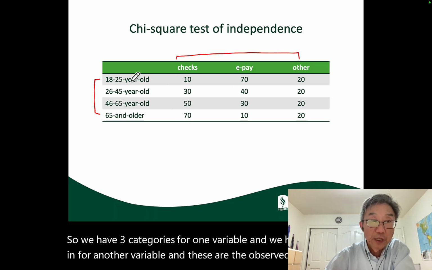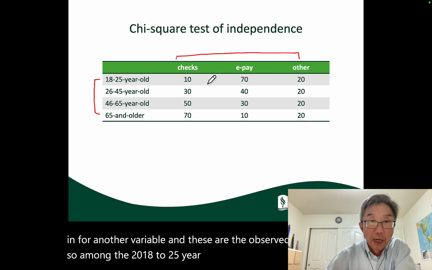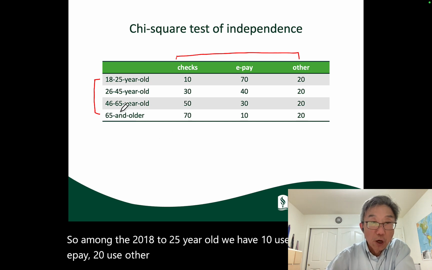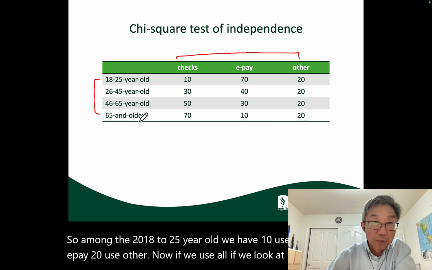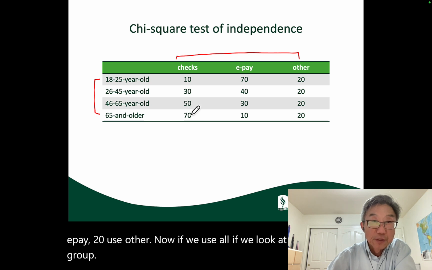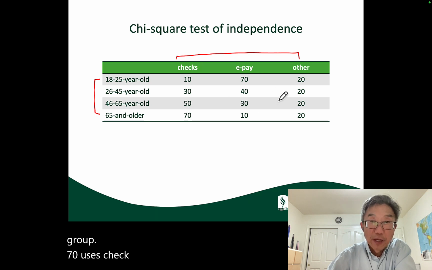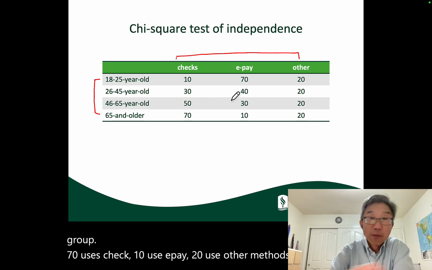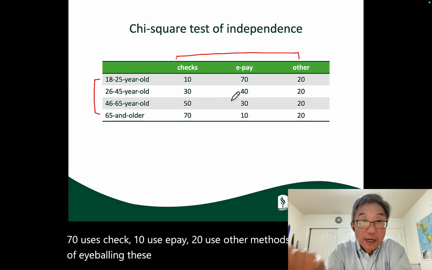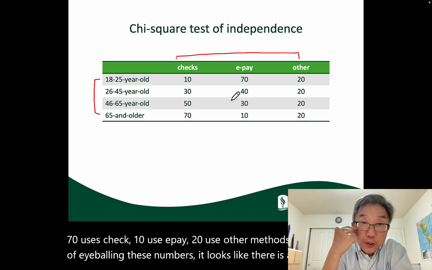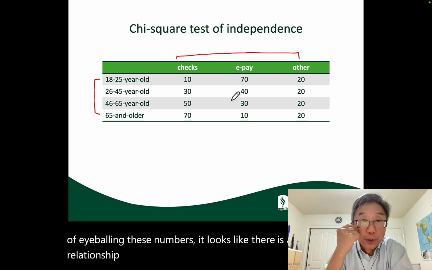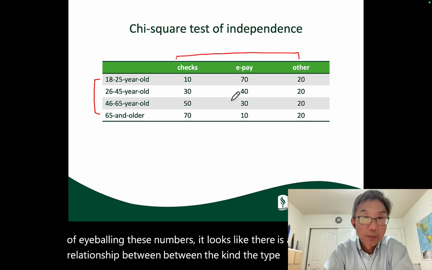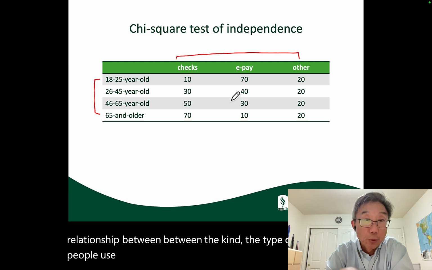And these are the observed frequencies. Okay, so among the 18 to 25-year-old, we have 10 use check, 70 use ePay, 20 use other. Now, if we look at the oldest age group, 70 use check, 10 use ePay, 20 use other methods. So just kind of eyeballing these numbers, it looks like there is a significant relationship between the type of payment people use and their age group.